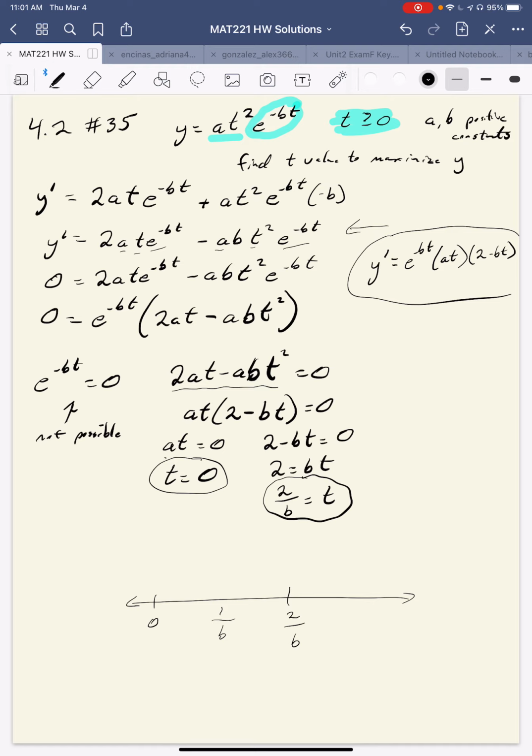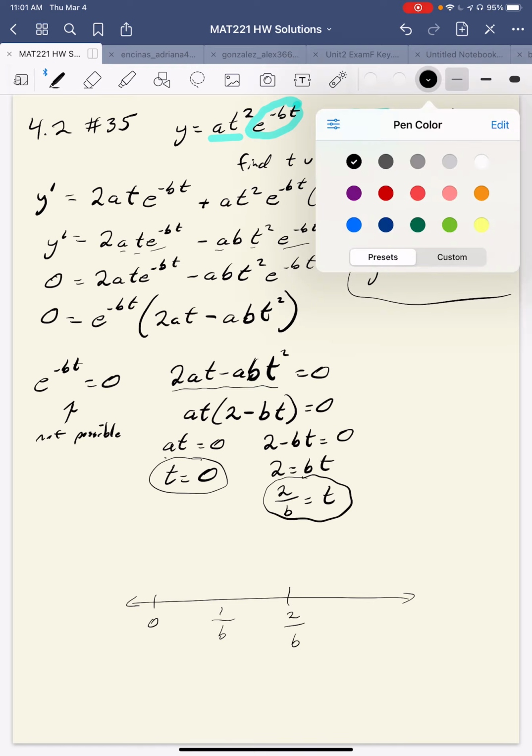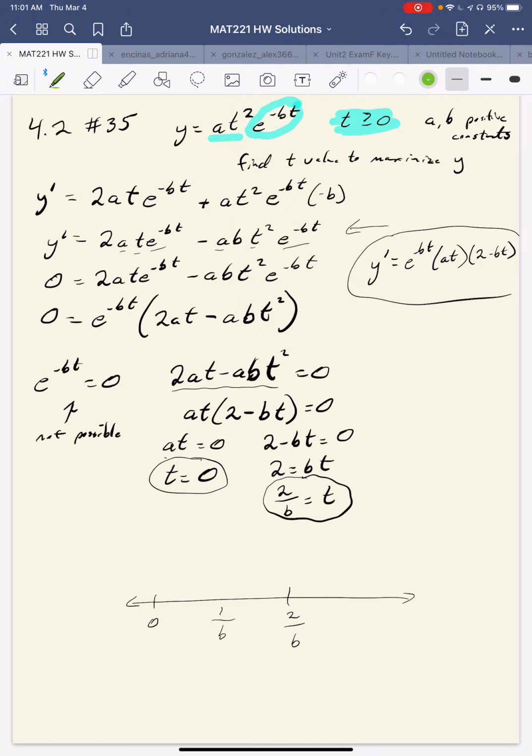And now when I do that, let me change colors so you can see more easily. This term here, when I substitute 1 over b in there, I'm going to get a positive. Actually, no matter what I put in for t, I'm going to get a positive value because e to any power always returns a positive value. Then when a is positive, so when I multiply a times 1 over b, which is also positive, this becomes positive.